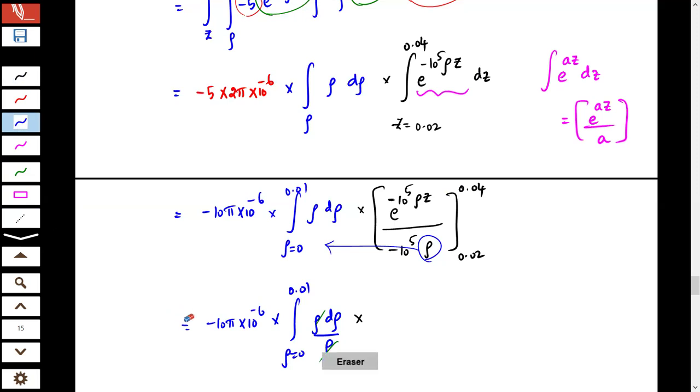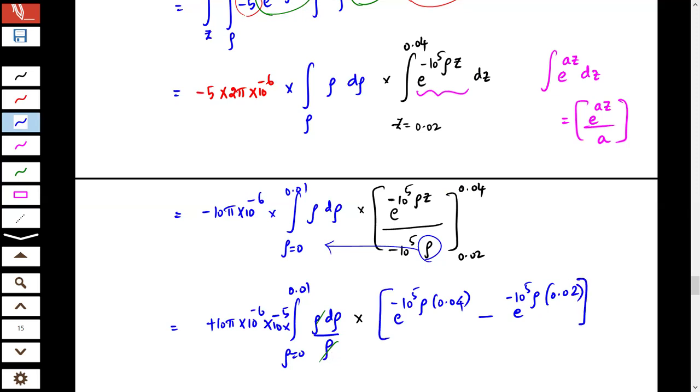I can write it together here. 10 power minus 5 is there here in multiplication. Another negative sign is there, so the negative sign I'm cancelling. So you will have e power minus 10 power 5 rho into 0.02 minus e power minus 10 power 5 rho into 0.04. First is 0.04, next we'll have 0.02. So this is after applying limits for z.